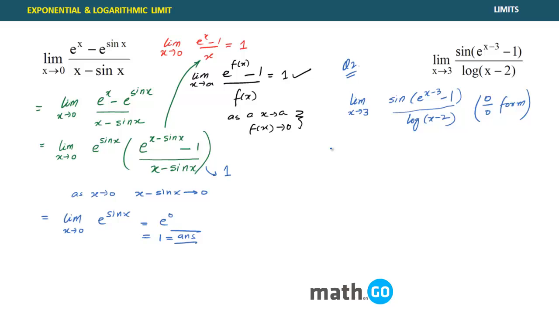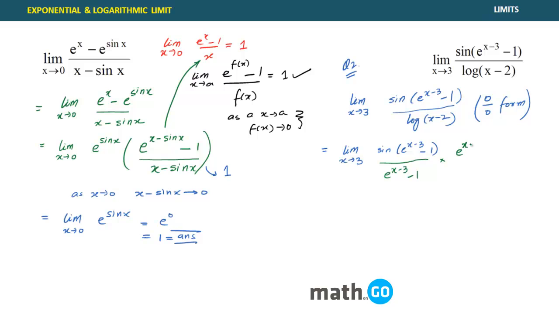Right, so how do we solve these kinds of questions? In fact, if you try to use L'Hospital's rule here, you can see that this differentiation would be a bit lengthy. What is the property of sine? Sine is a function which becomes 0 at x equal to 0. So what I'll do is divide and multiply by the same quantity.